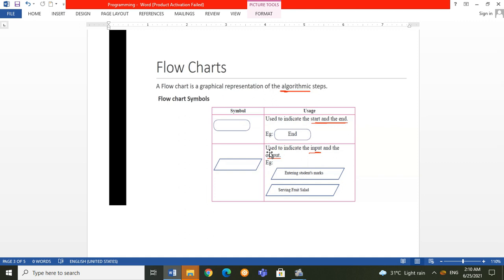So an algorithm is a set of instructions. You are taking a set of instructions together into an order, or into a sequence, right?